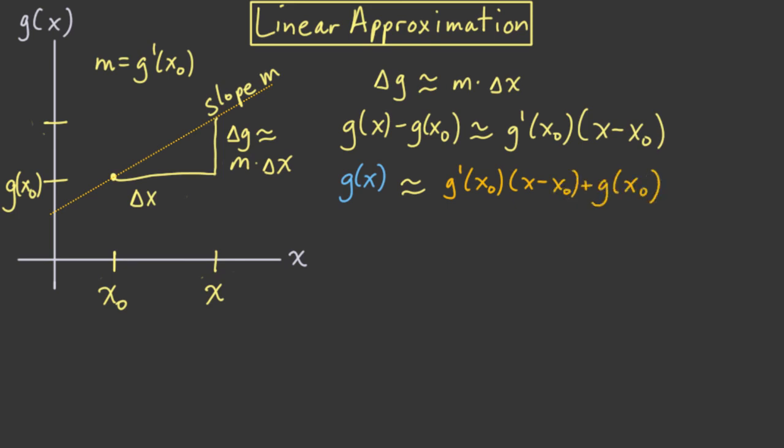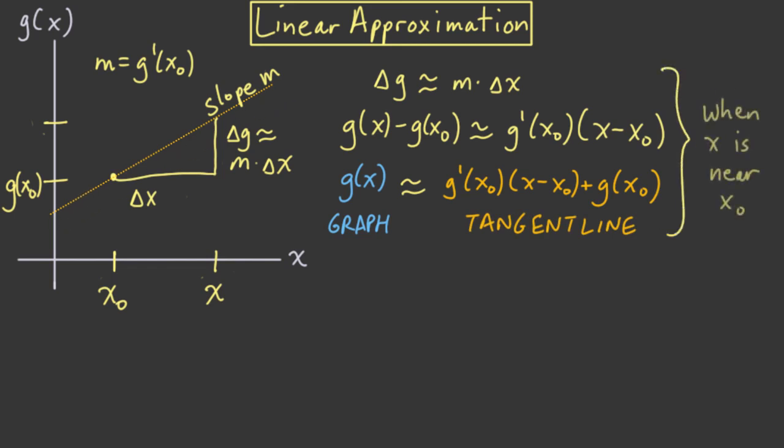So here on the left, we have just the formula for the graph of the function, and on the right, well, that's the formula for a line. What line is it? Well, it's our tangent line. So we have that the graph is very close to the tangent line. And this is all true when x is near x naught.